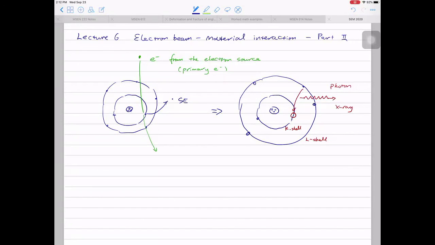Let's write that down step by step. I just threw a bunch of information at you. Step 1: a K shell electron is knocked out, leaving a hole.